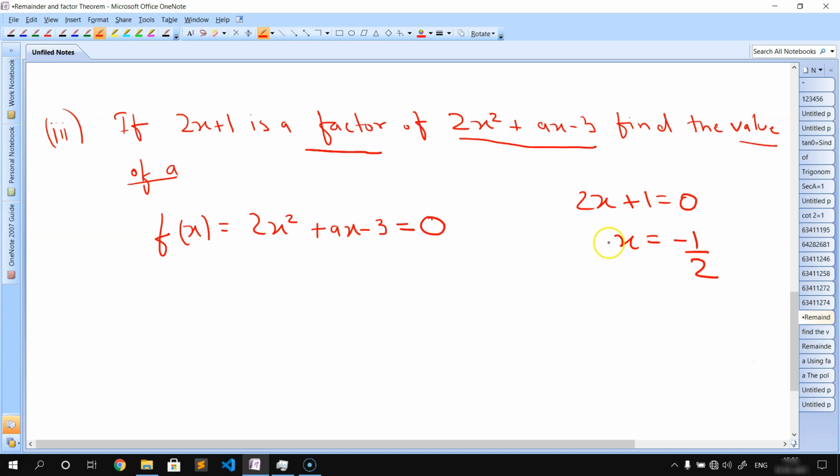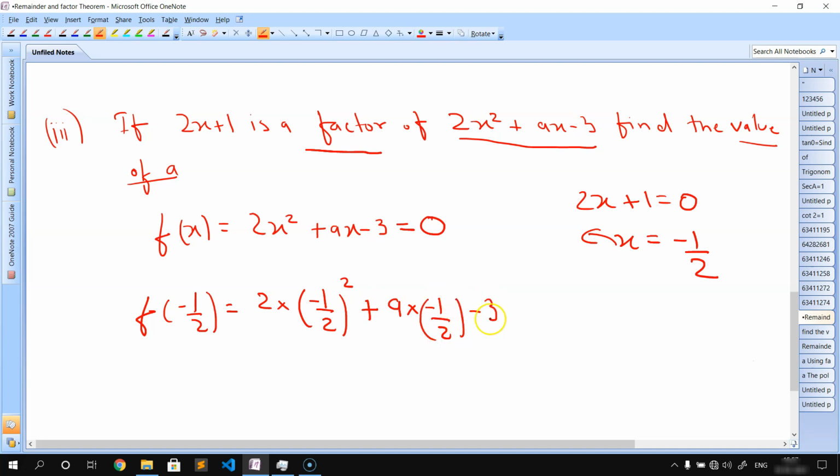Now put this value of x in our f of x. So it will become f of minus 1 by 2 equals to 2 into minus 1 by 2 square plus a into minus 1 by 2 minus 3 equals to 0. Why are we taking equals to 0? Because it's given it is a factor.